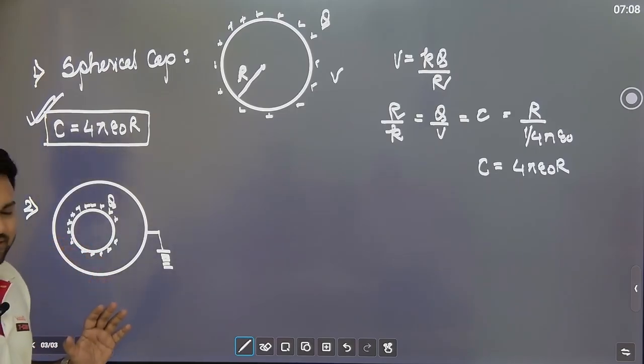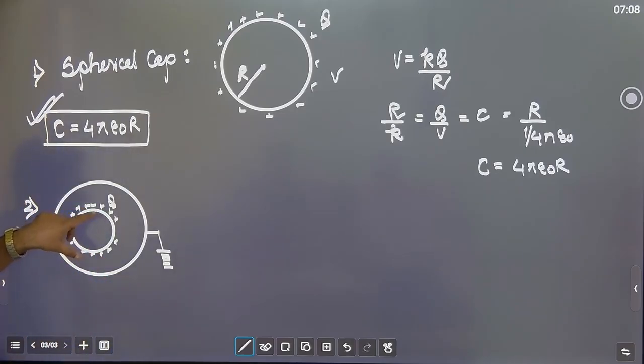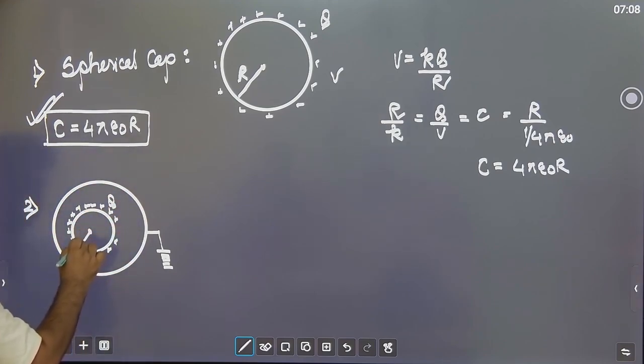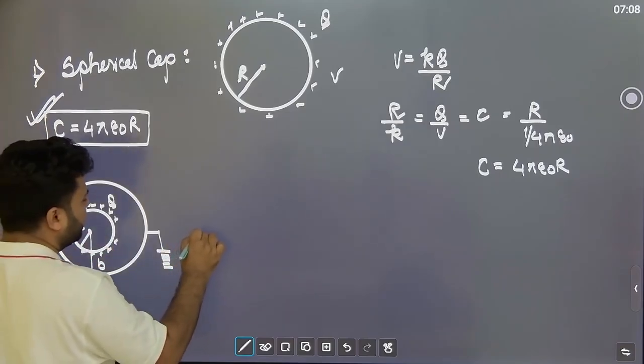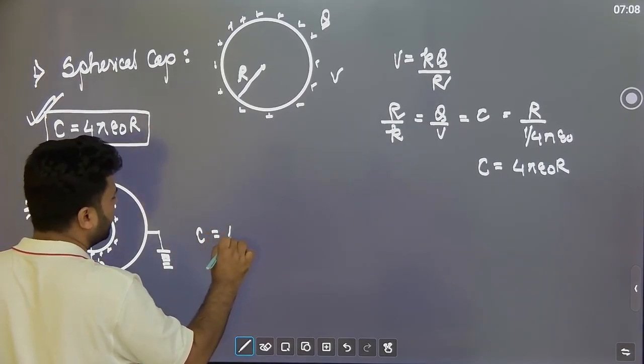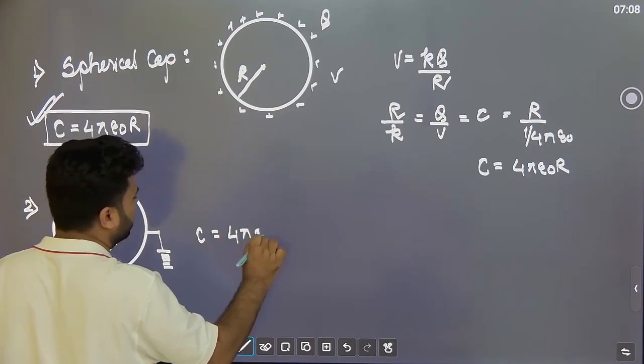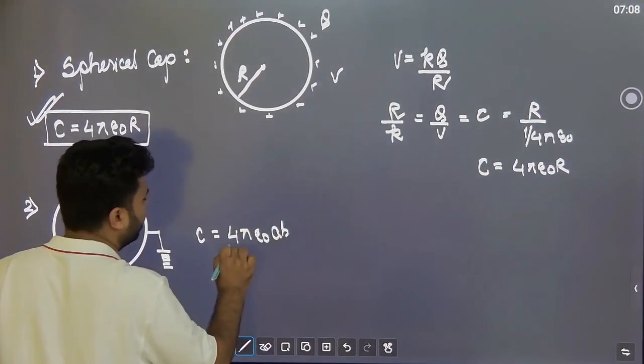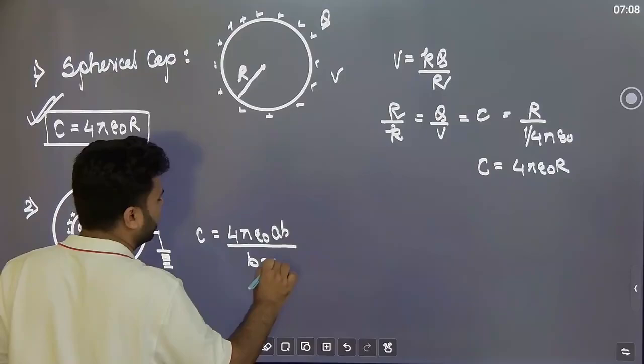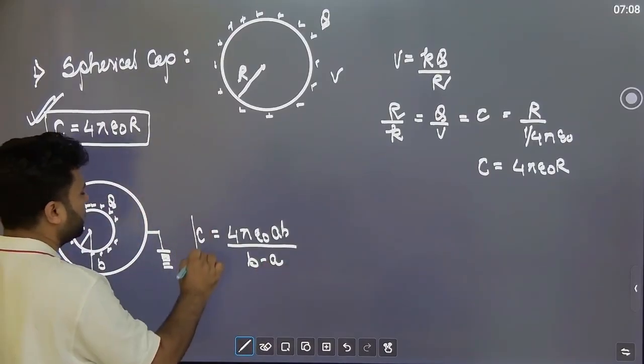Nothing extra they will ask. Inside they are giving charge Q and outside they are earthing. The internal radius is A. The external radius is B. So they will ask what is the capacitance of this system. So 4 pi epsilon naught AB divided by B minus A. This formula you remember.